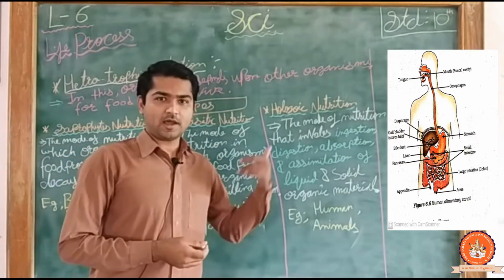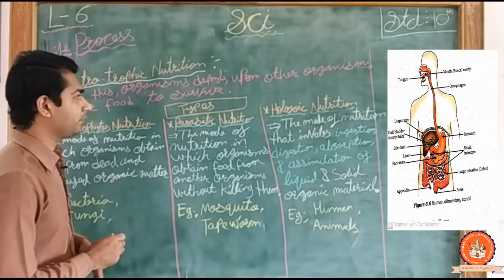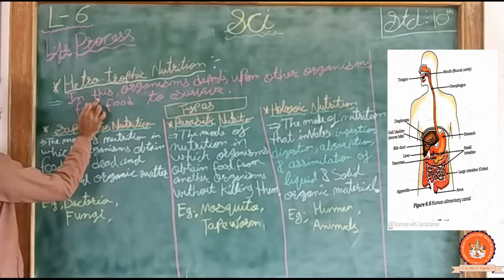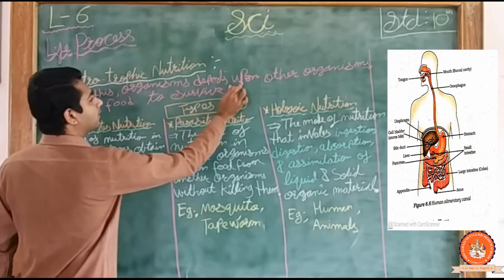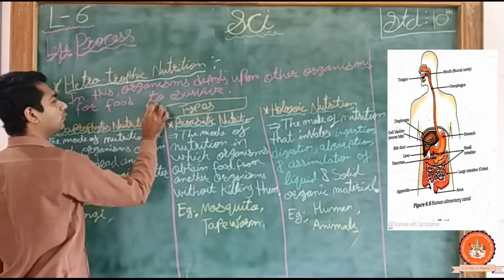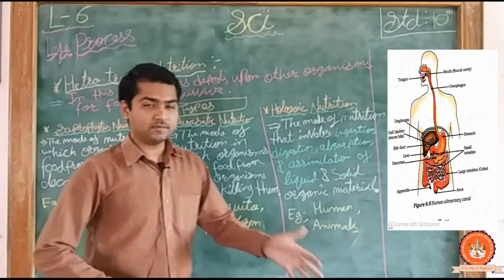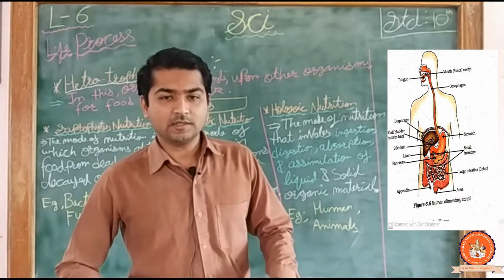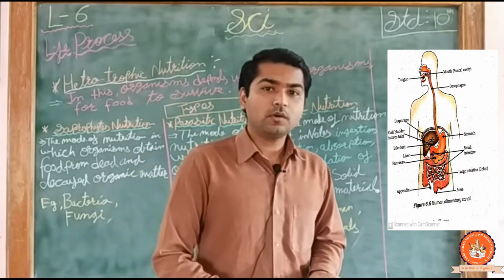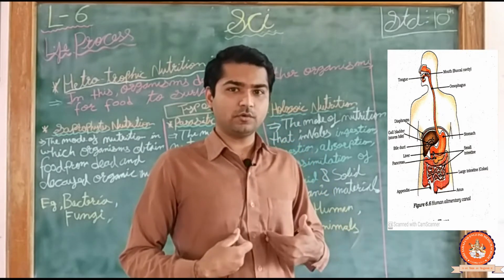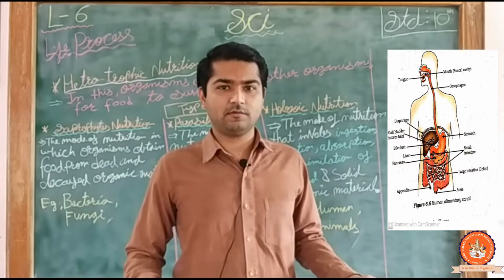Heterotrophic nutrition means the organism depends upon other organisms for food to survive. If they take food, they will survive.